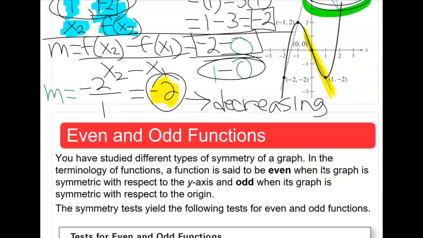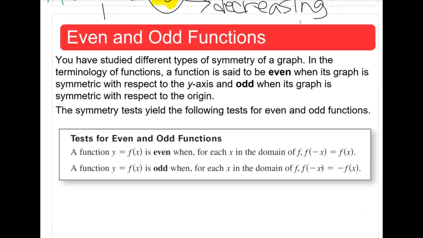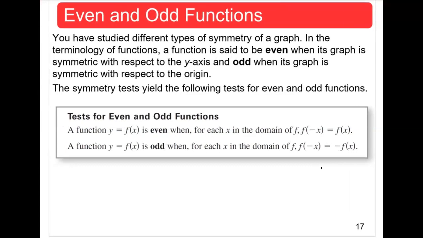Okay, so let's move on to the last topic of this section, which is even and odd functions. Now, I don't want you to think about odd and even numbers, just functions. Okay, so we already covered a little bit of symmetry, and we went over symmetry across the y-axis.